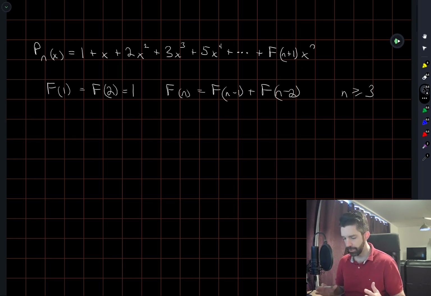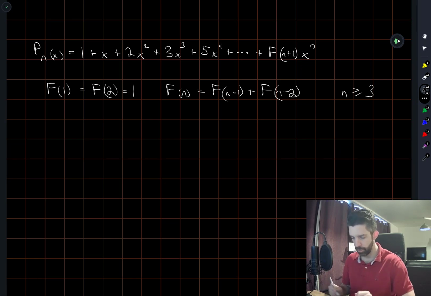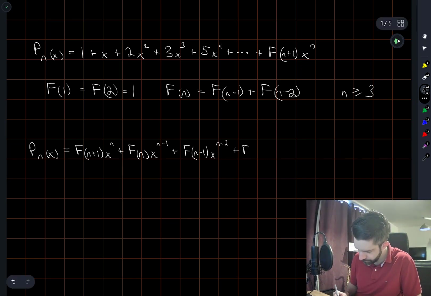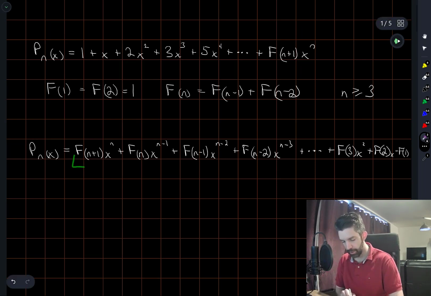Okay, so the first thing I'm going to do is rewrite this polynomial in the opposite order, in terms of descending powers of x, because I want to group terms in a particular way. So I've written the polynomial so that the powers of x are now descending. And I'm going to consider pairs of adjacent terms like this.